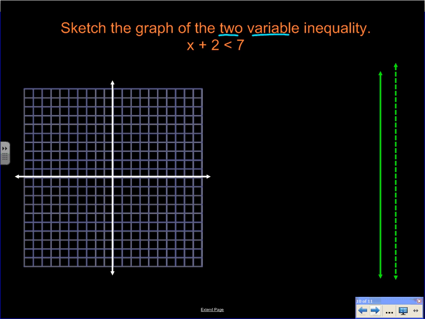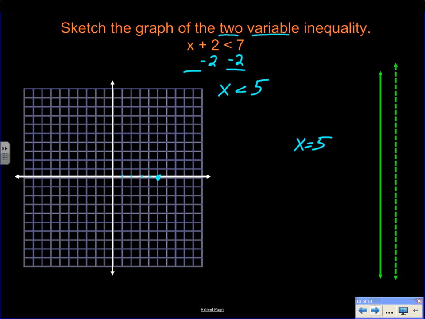Okay, x plus 2 is less than 7, so what should you do? You need to get x by itself, so you say x is less than 5. And you're going to graph x is equal to 5. The graph will cross the x-axis at +5.